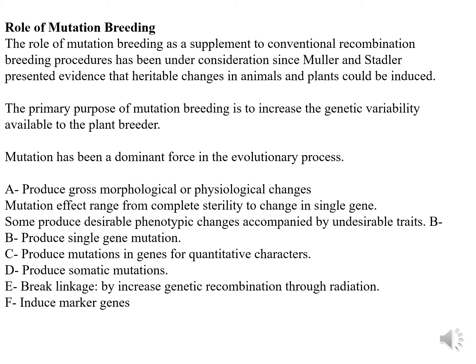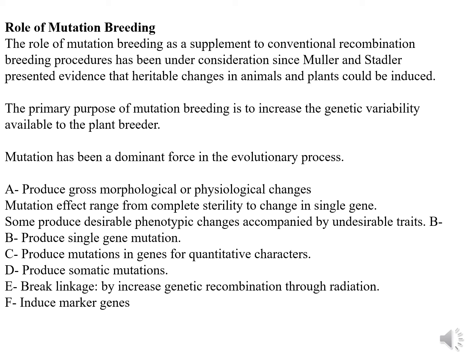D, producing somatic mutations. Somatic mutations are very important sometimes in vegetatively propagated plants because we need new variation. Sometimes we have the same genotype propagated by vegetative means, and if there is one problem, for example a disease, it can kill all the plants.